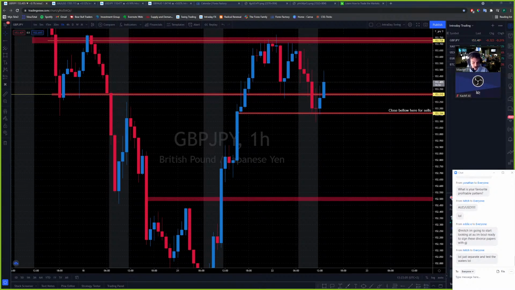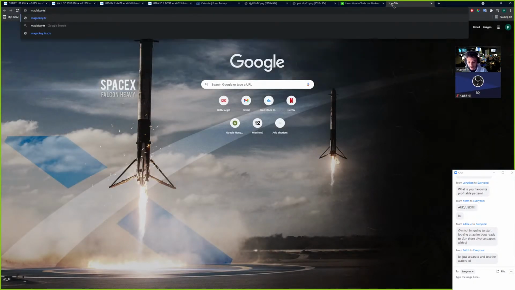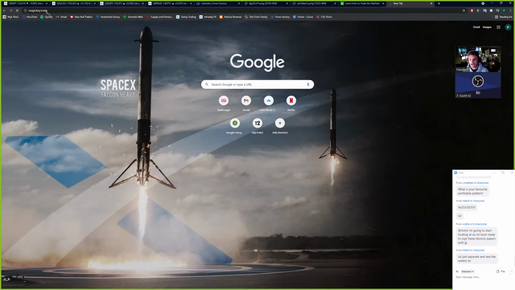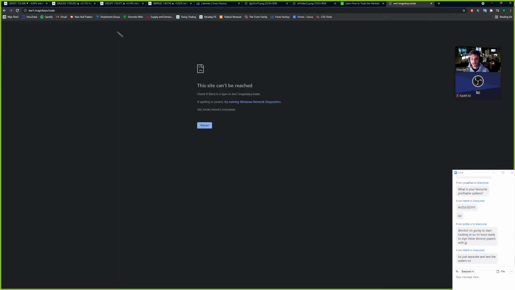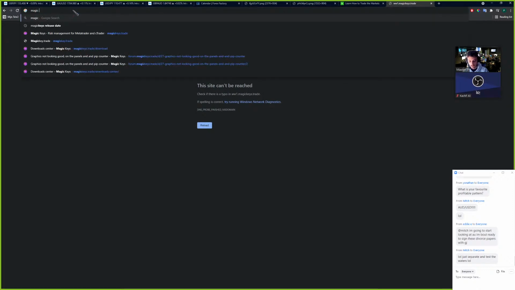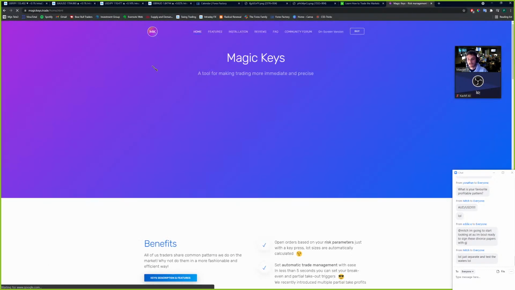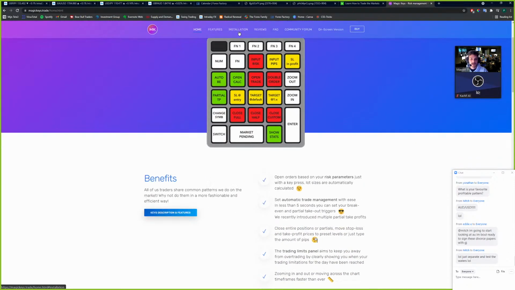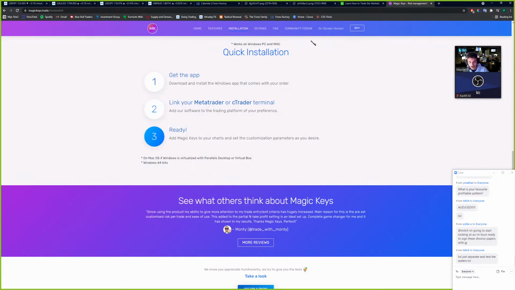Can anyone explain how to use magic keys? Yes, the magic keys people can explain how to use magic keys. So that's magic keys with an S at the end. If you go to installation, right here, they will explain how to use it.